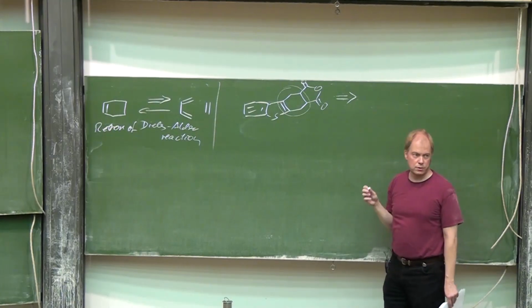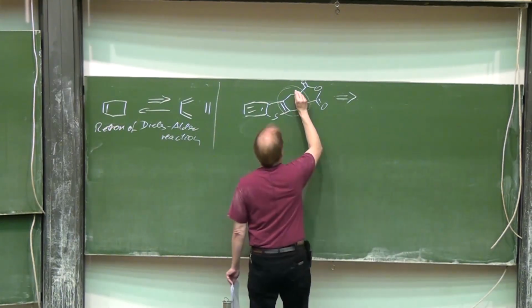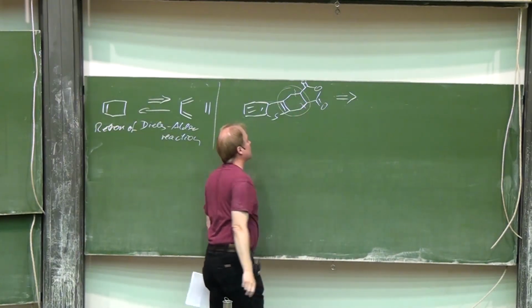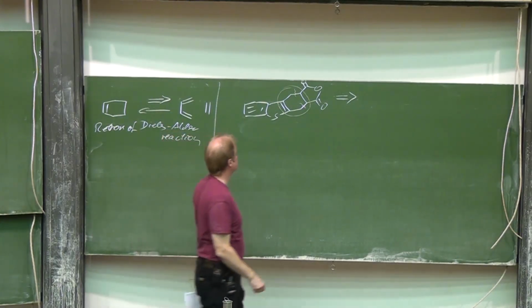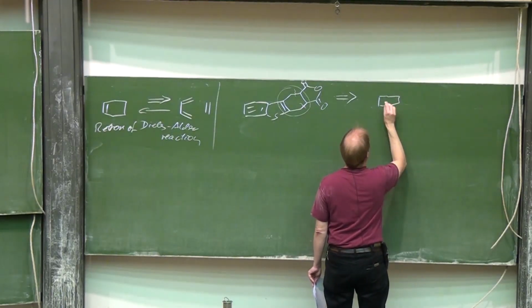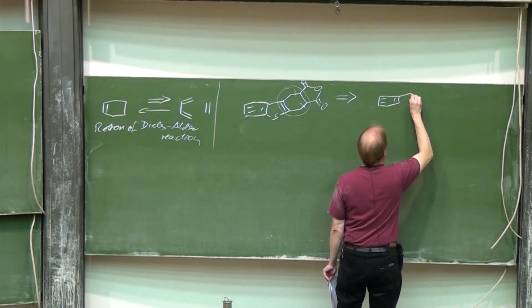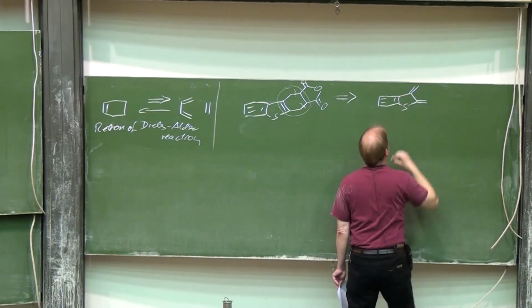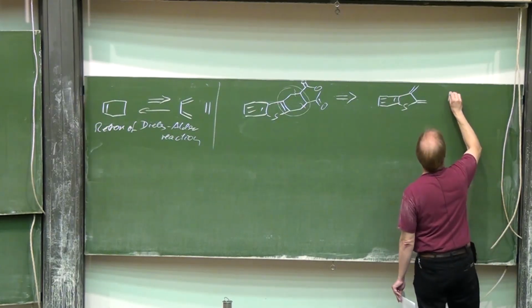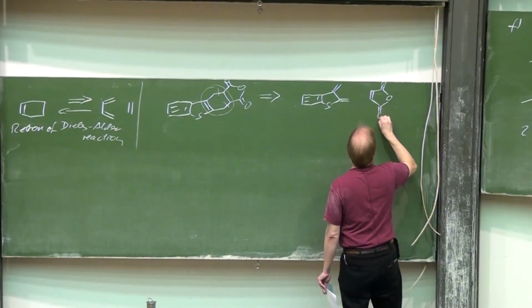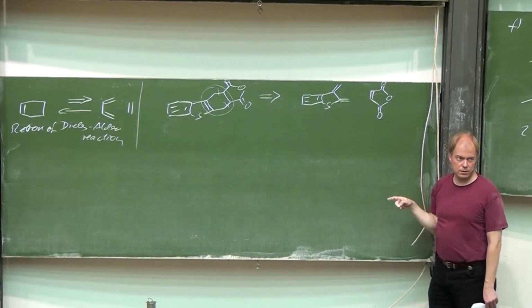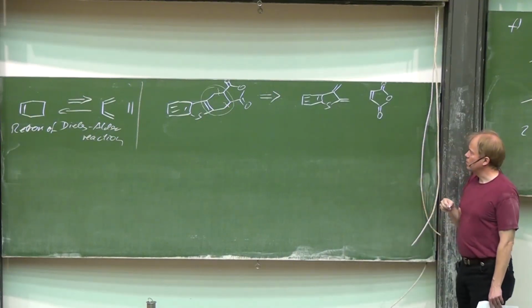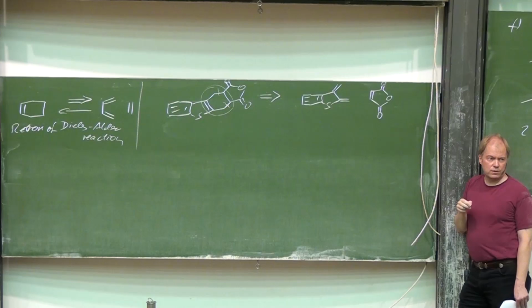Therefore, we should consider breaking these two bonds simultaneously, giving rise to these two much simpler structures, maleic anhydride, and this one, well, benzothiophene with two exocyclic double bonds.